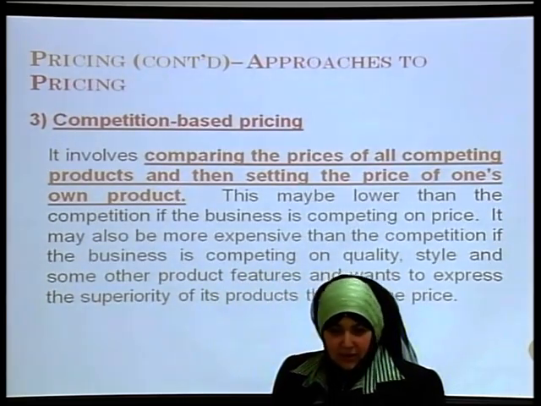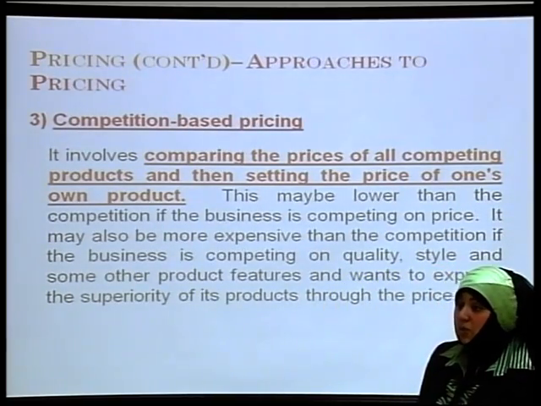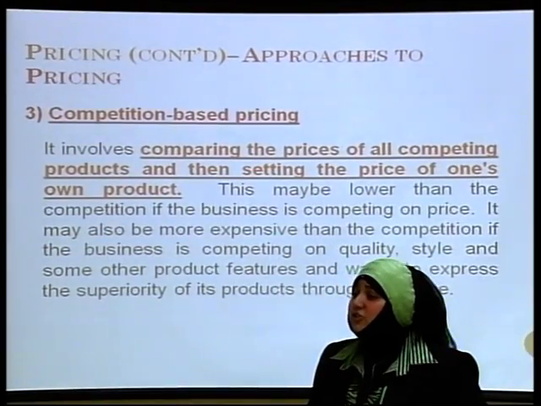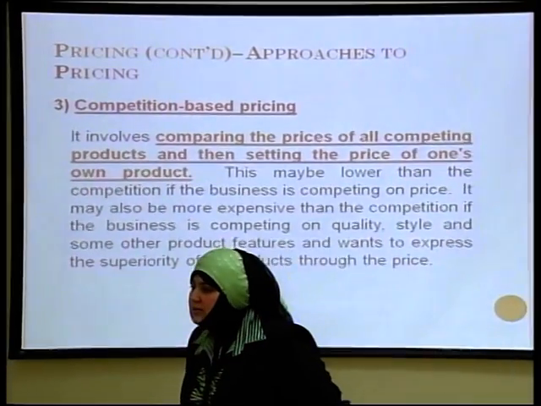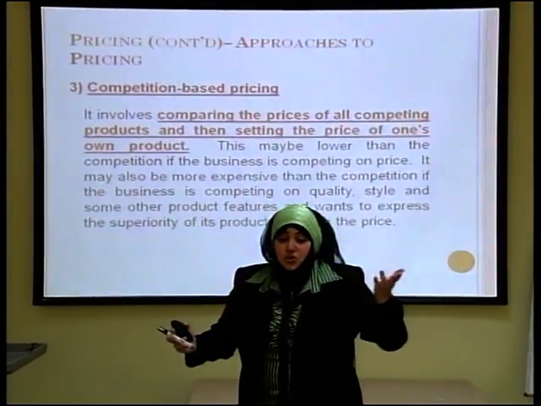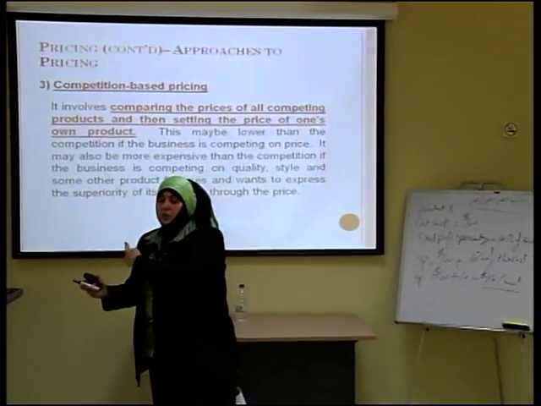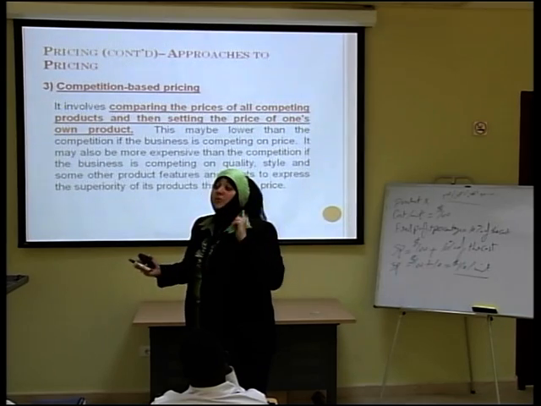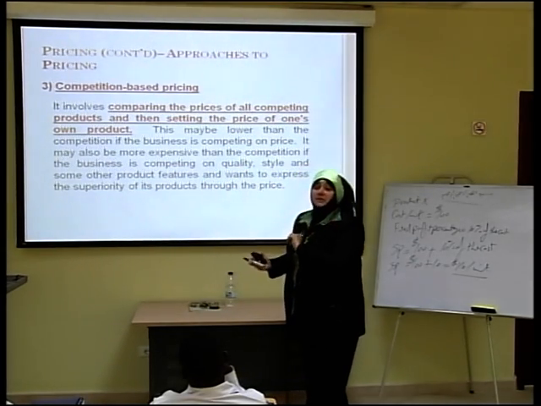Okay? This is another approach. Because you know what? Assume that you decided to sell the product for $110, but your competitor sells it for $107. Why should customers come to you and buy your product, leaving the competitor's product? Why? Right? So it's very important to consider competition and competitors' prices.